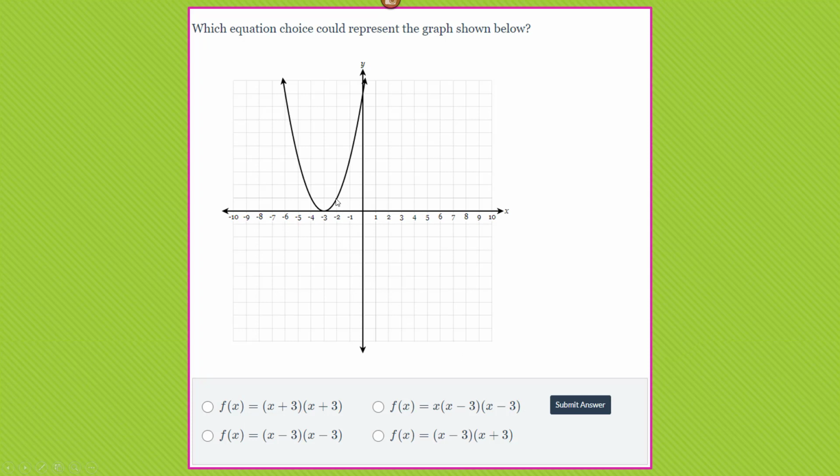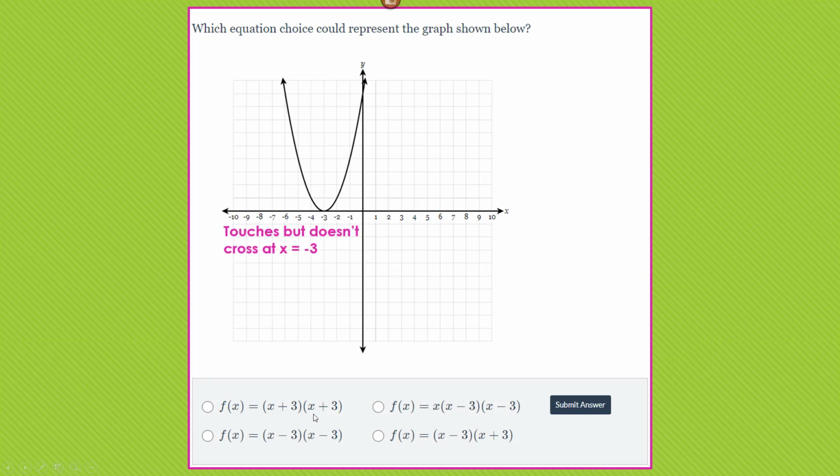All right, and then I noticed that I only have one zero, it's -3, but I am touching, not crossing, so the multiplicity of this has to be even, right? And so when I look, a 0 of -3 corresponds to a factor of x plus 3 with a multiplicity that is even.